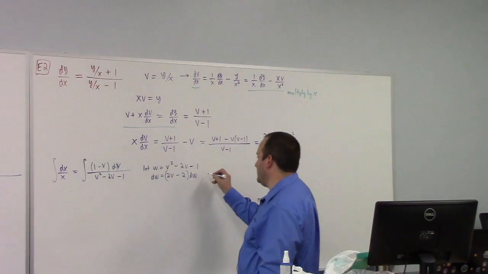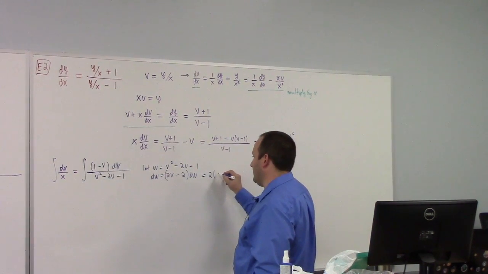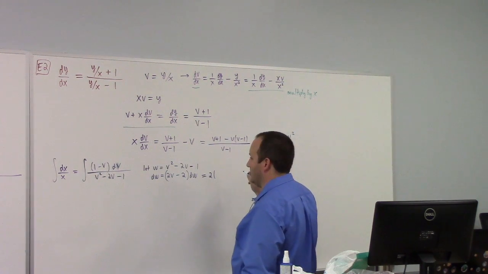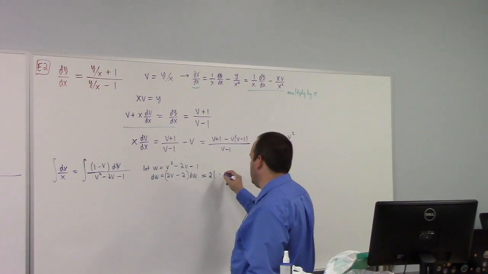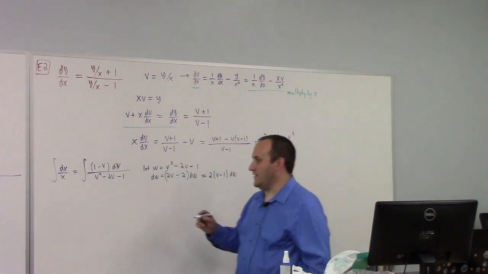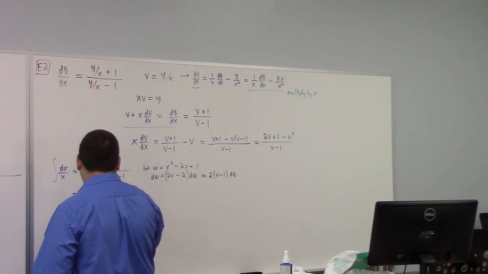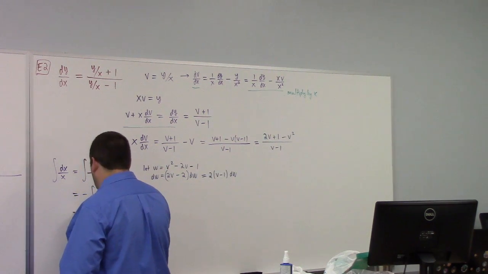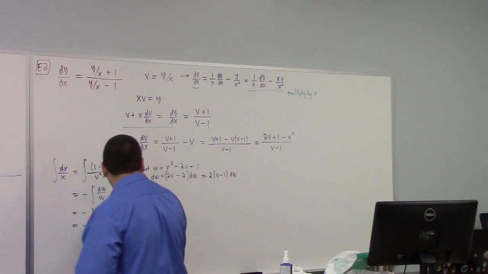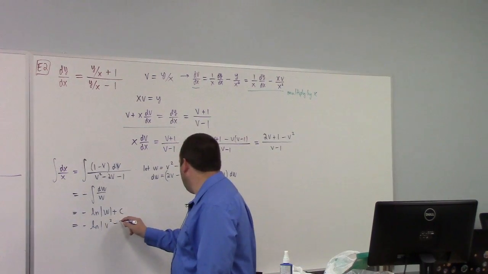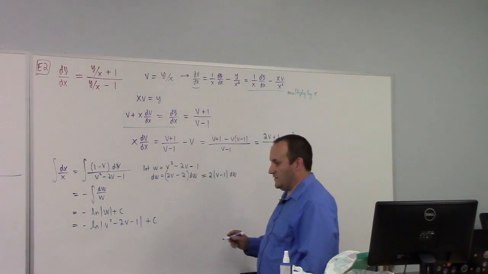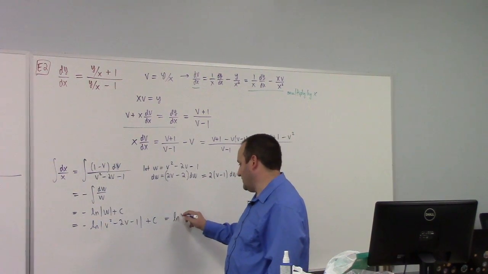In other words, dw is 2 times (v minus 1) dv. So there's a sign, right? I think we have a minus, integral of minus the integral of dw over w. So I get minus the natural log of the absolute value of w plus a constant, which is minus the natural log of the absolute value of v squared minus 2v minus 1 plus a constant. And of course, all of that's equal to what? It's equal to the natural log of the absolute value of x.